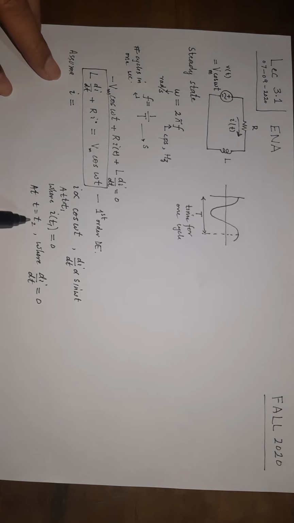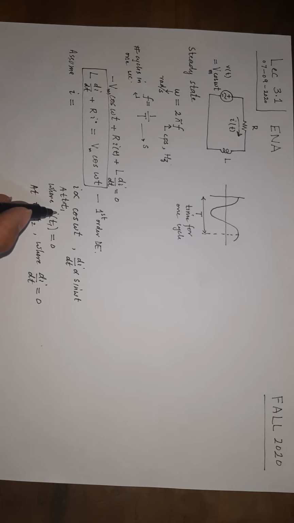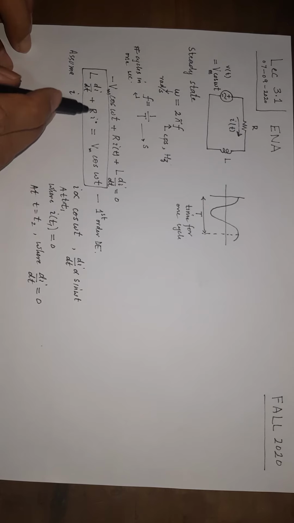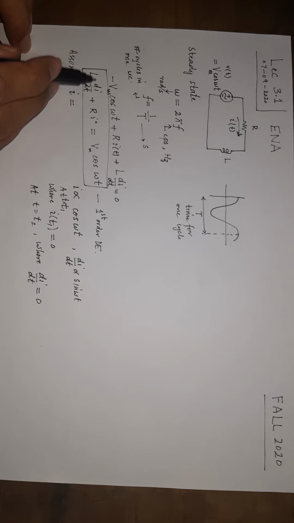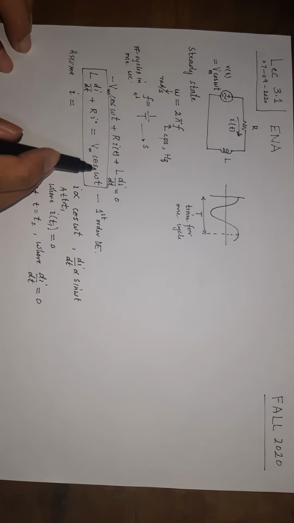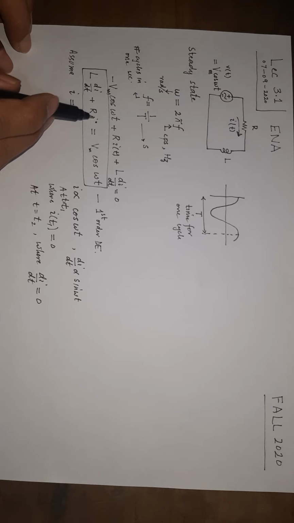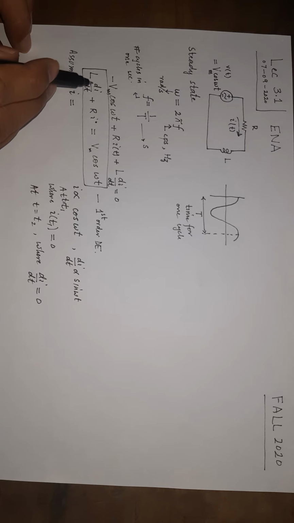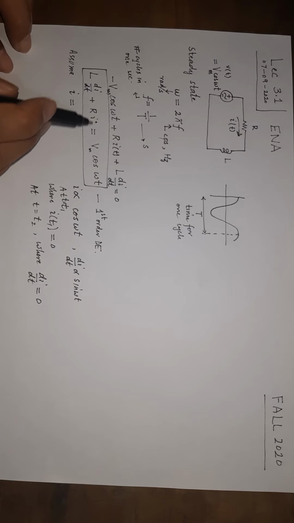So combining both of these observations, when I is 0, the derivative must be a cosine function. And when this term is 0, the current must be a cosine function. So obviously both of them cannot be true.